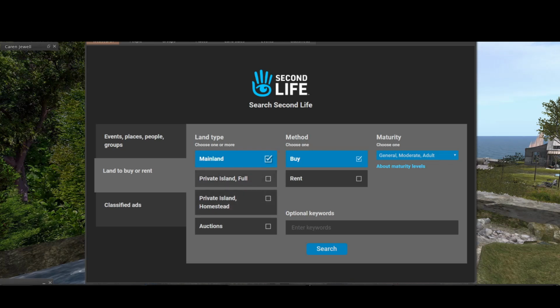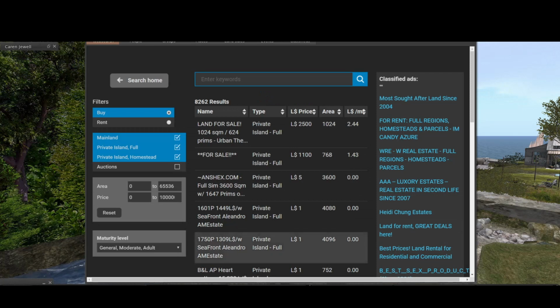You can look that way the same way that you did for the rentals. Now there are some differences here. As you can see, this says buy. We made sure to click buy land.